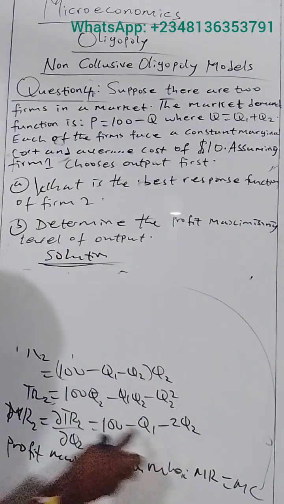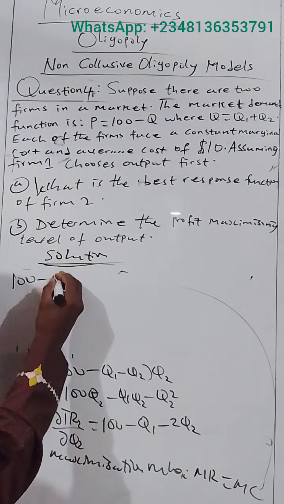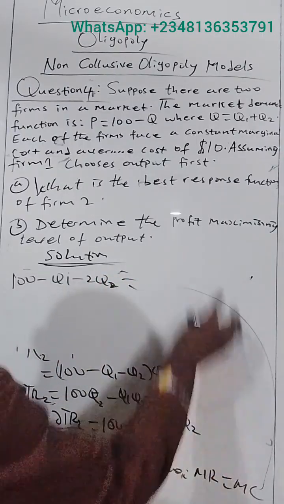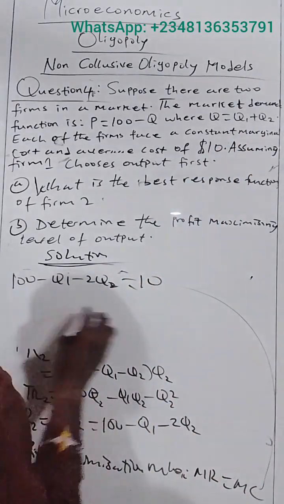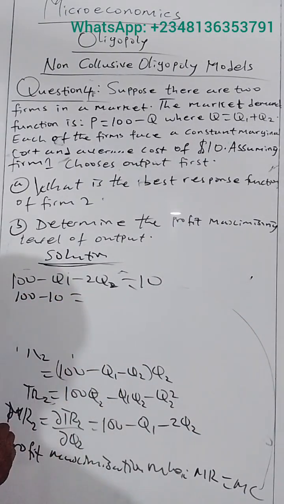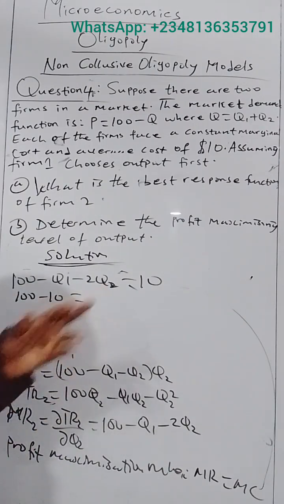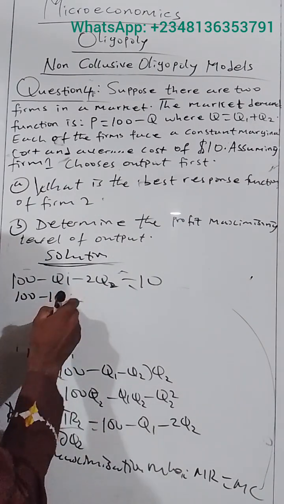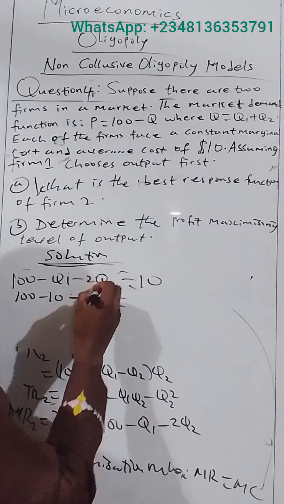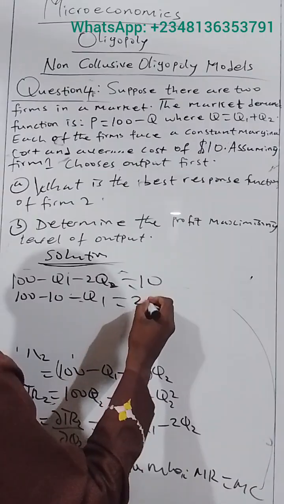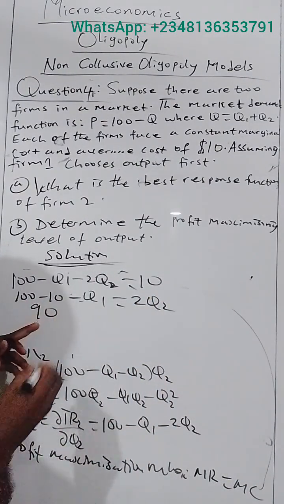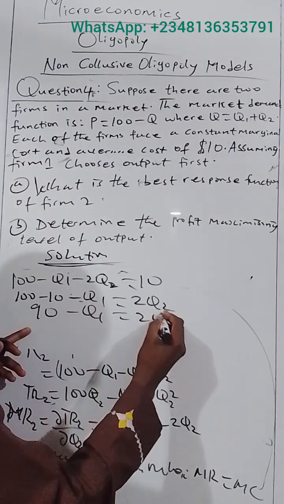If I continue here, what is my MR? MR is 100 minus Q1 minus 2Q2, which equals MC, and MC is 10. So we collect like terms. Here we have 100 minus 10, because we want to calculate the reaction function of firm 2. I'm not taking Q1 to that side, I'm only taking the term that has Q2. So 90 minus Q1 equals 2Q2.